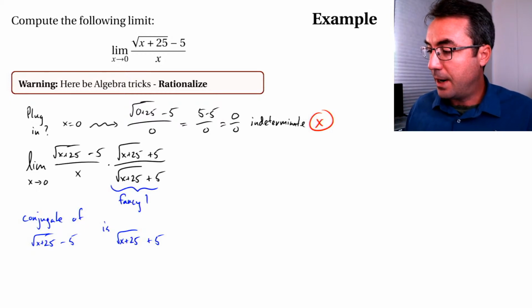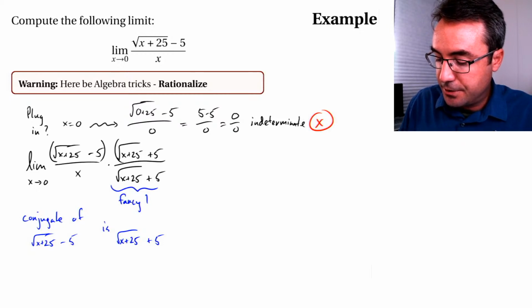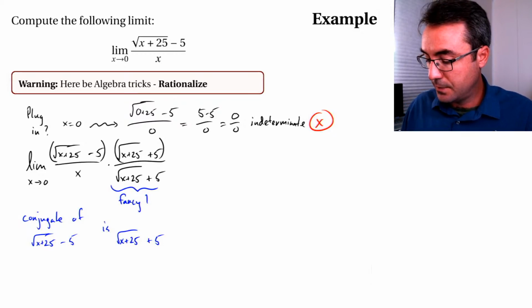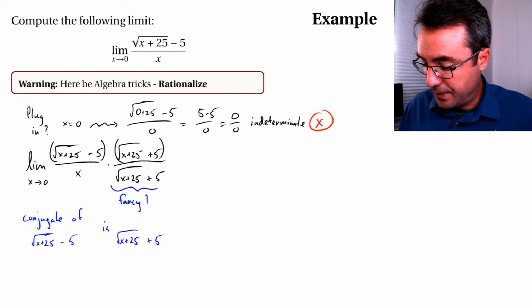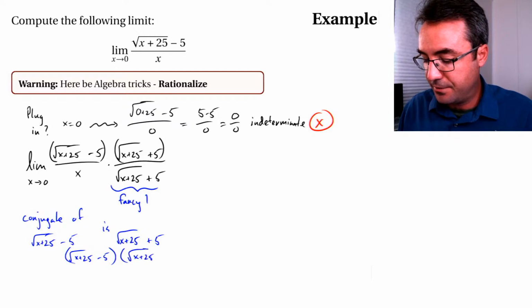All right, so let's see why this works. We're going to multiply out the two numerators together. So let's actually do that. Let's say we take our square root of x plus 25 minus 5 term and multiply it with our square root of x plus 25 plus 5 term.